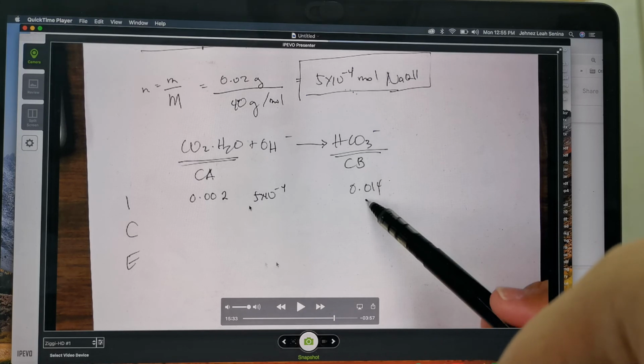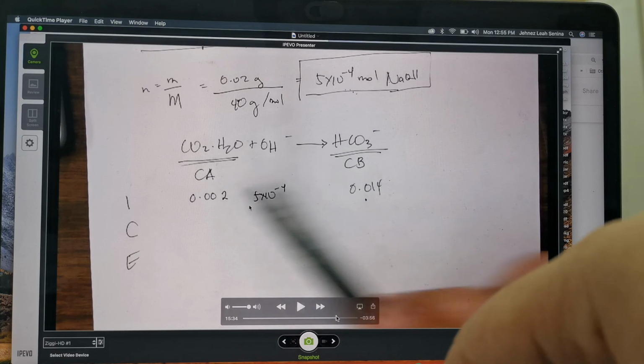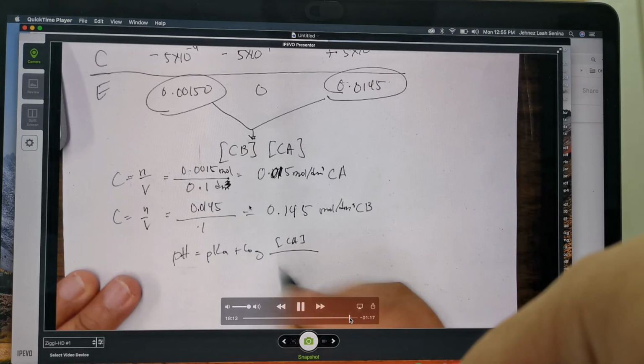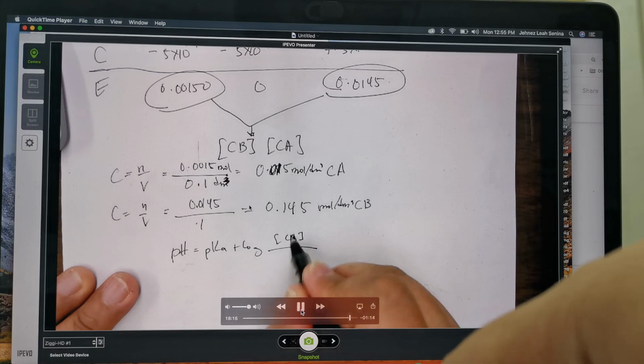So that's what you have for the mole of your conjugate base and the mole of your conjugate acid. The next thing for you to calculate is the concentration of your conjugate base and your conjugate acid given their moles. From the mole, calculate the concentration.